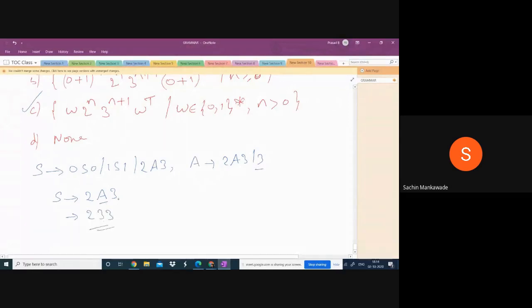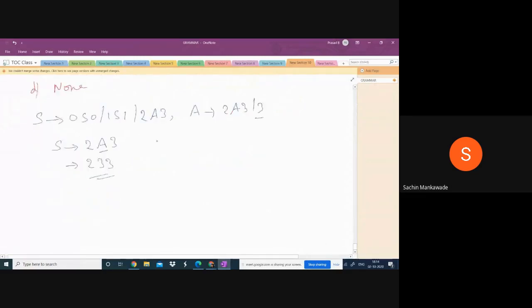Or, in S's place, take 2A3, and in A's place you can take the production 2A3 again. As long as we go for this production, the number of 2's before A and the number of 3's after A will be the same.